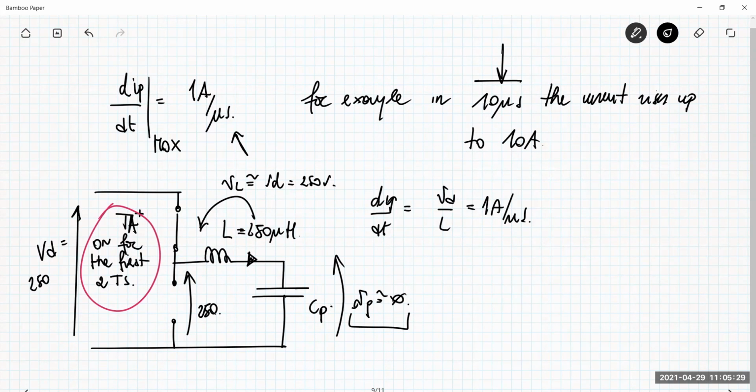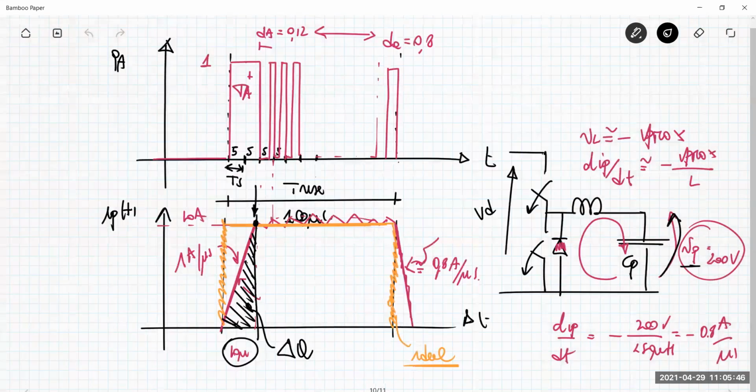But now I can see that this is not completely true, because at the end I have already 10 volts across this capacitor. That means that this slope is not always 1 amp per microsecond. So it's decreasing a little bit. It is linear and constant at 1 amp per microsecond only if the voltage Vp is null for the entire duration of 10 microseconds. This is not true, because the voltage increases from 0 to 10 volts.